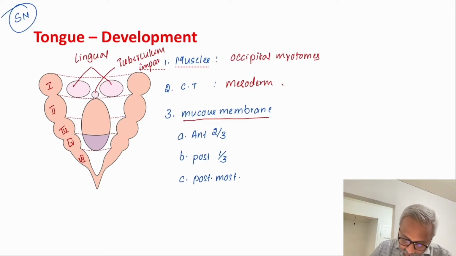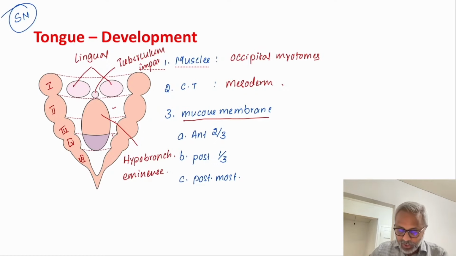Then arising from the second, third and fourth arch, we have this elevation called hypobranchial eminence. This hypobranchial eminence gives rise to the posterior part of the tongue.